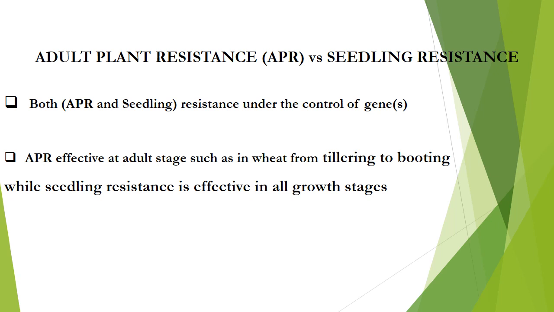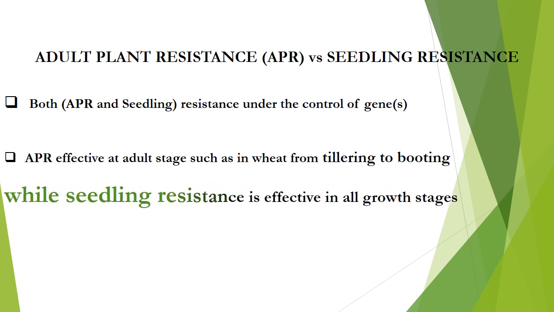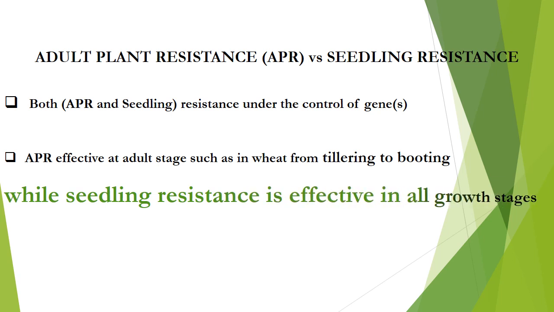For example, in wheat, from tillering to the booting stage. While the genes responsible for seedling resistance express themselves from the seedling stage until the plant matures or until its natural death takes place.